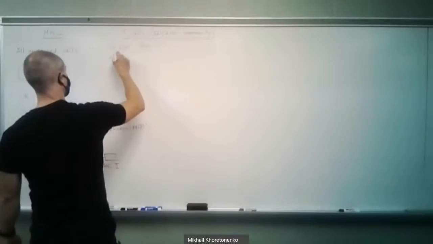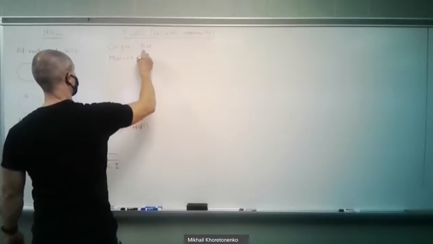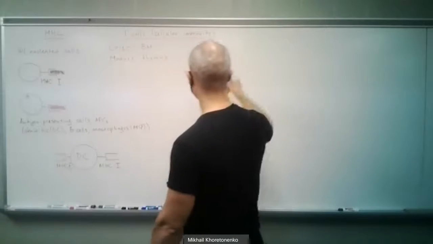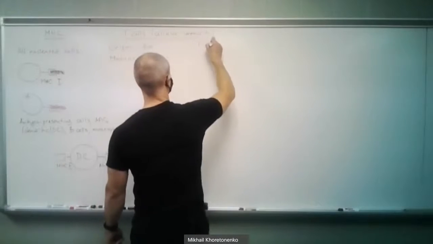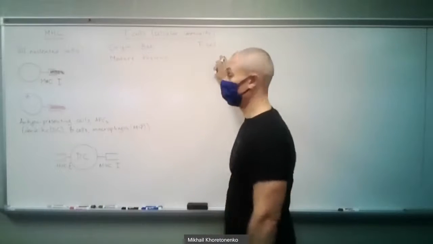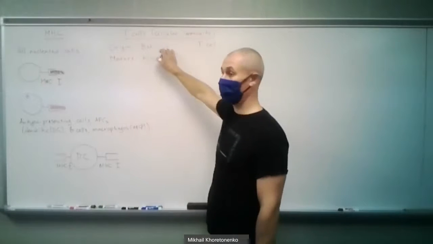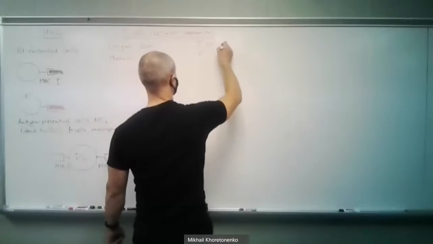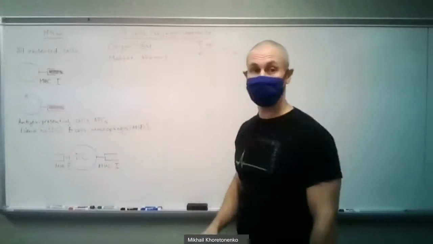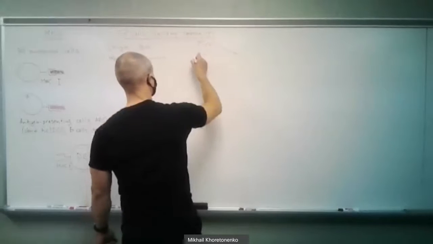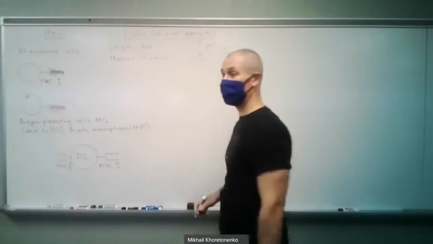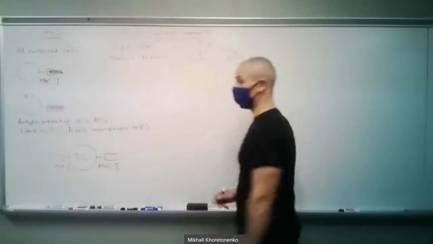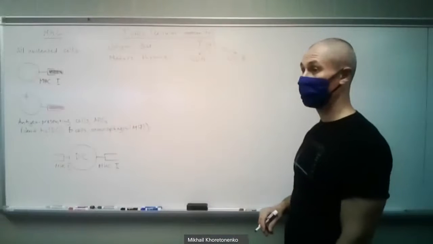Now, T cells mature in the thymus. Okay, and look what happens. T cells that originated in the thymus, they split into two distinct populations: CD4 T cells and CD8 T cells.